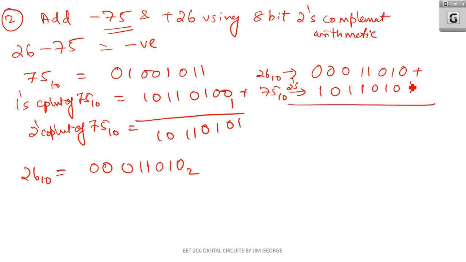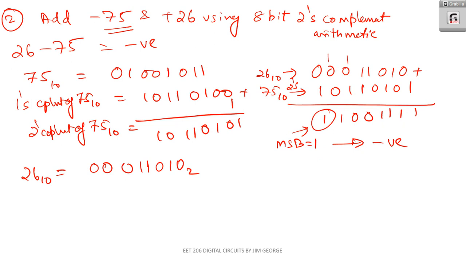So 0 plus 1 is 1. 1 plus 0 is 1. 1 plus 1 is 0 with the carry 1. 1 plus 1 is 0 with the carry 1. Here what you are getting is that the MSB is 1. Since the MSB is equal to 1, you can infer that the final answer is negative.